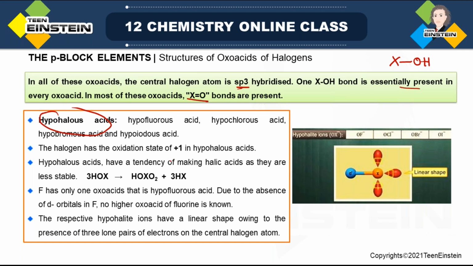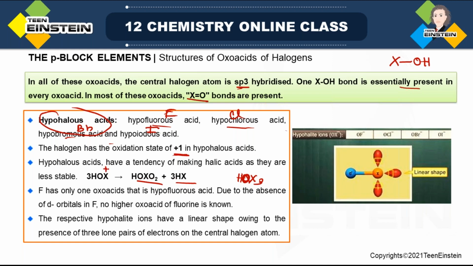Now when it is HOX, you can have different types, that is for fluorine, chlorine, bromine. Here the oxidation state of halogen is +1, and this acid has a tendency to be converted to these two. That means hypohalous acid has a tendency to make halic acid, HXO3, the next type, with the general name halic acid.